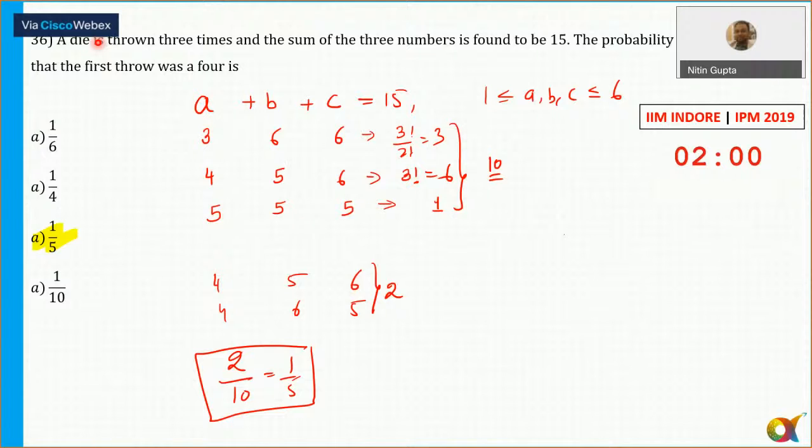Okay, can we move to the next question if this question is clear to all of you? If it is clear to all of you, can we move to the next question? Yes. Okay. So let's move to question number 37 now.